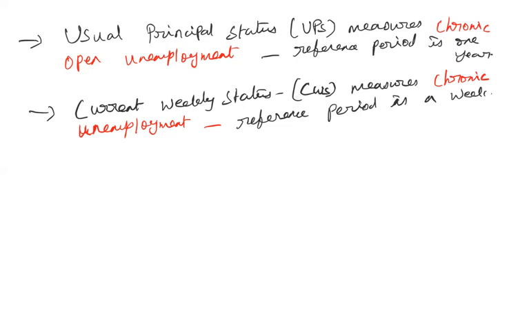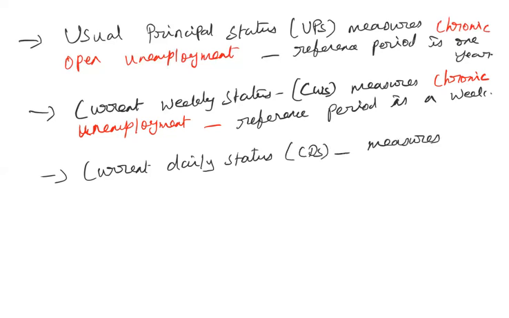And the third one, current daily status, which is CDS, measures both the chronic unemployment and also underemployment. Chronic means permanent. If the person is unemployed for a long period of time in a year, a major part of a year, that is almost like permanent. That is called chronic unemployment.